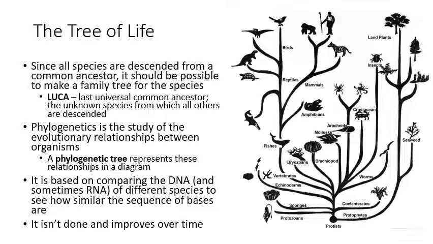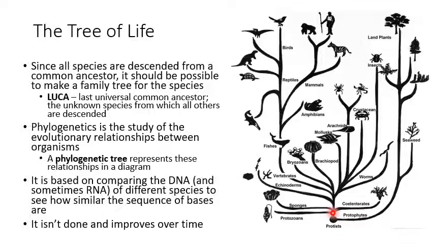This diagram over here is a phylogenetic tree. This is not the actual tree of life. It doesn't have all life forms on here. In particular, it doesn't have bacteria or archaea, but this is essentially all eukaryotic life. So all organisms that have a nucleus in their cells would be eukaryotes. They're all basically on this tree.